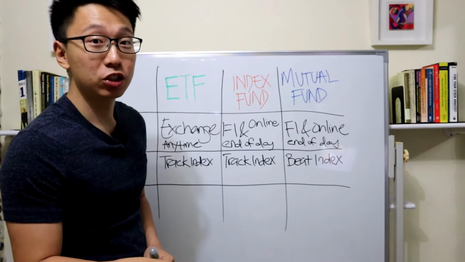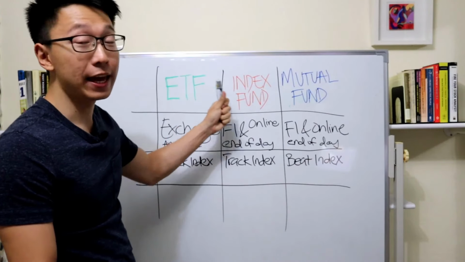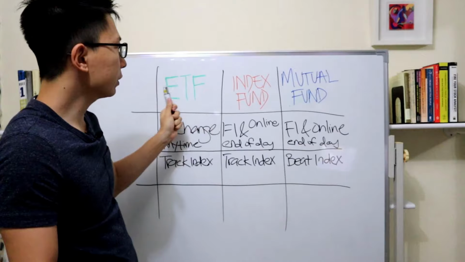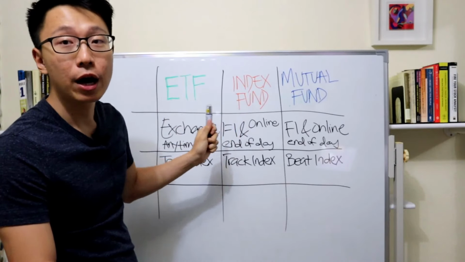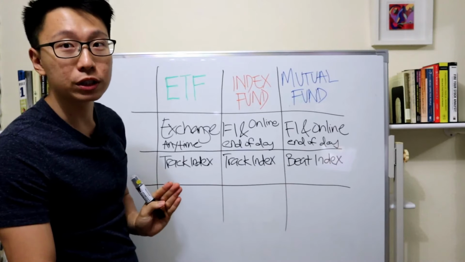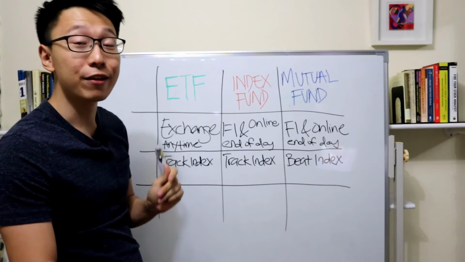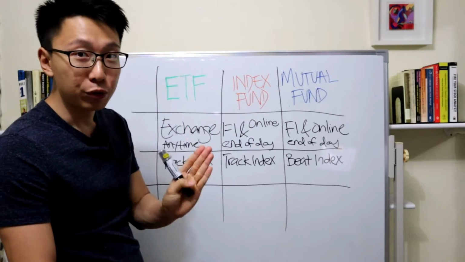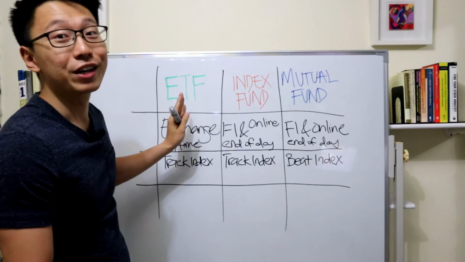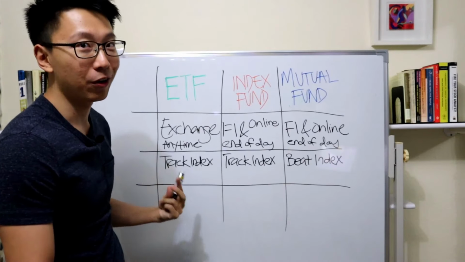The last difference is cost. Exchange traded funds and index funds usually have lower cost compared to mutual funds because they are considered passively managed. However, if you are using the dollar cost averaging strategy, which is investing at regular periods of time, an ETF will incur a lot more transaction costs.